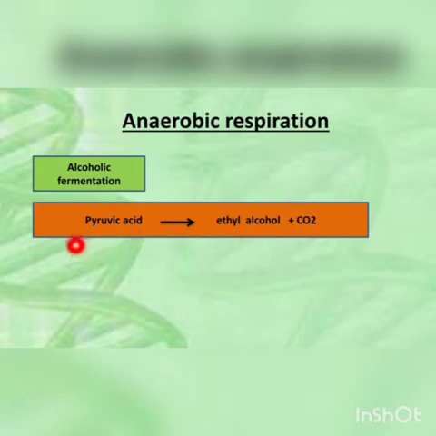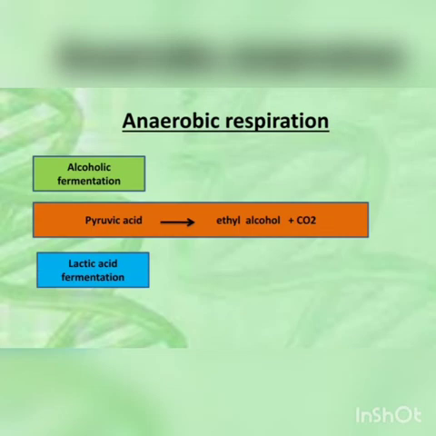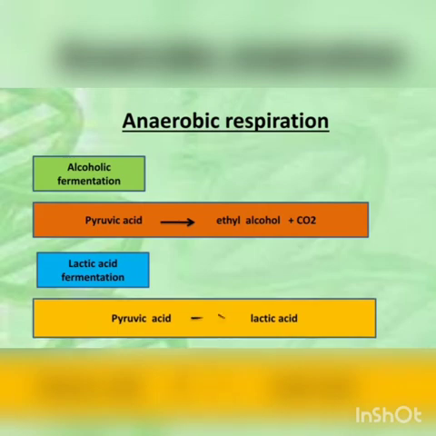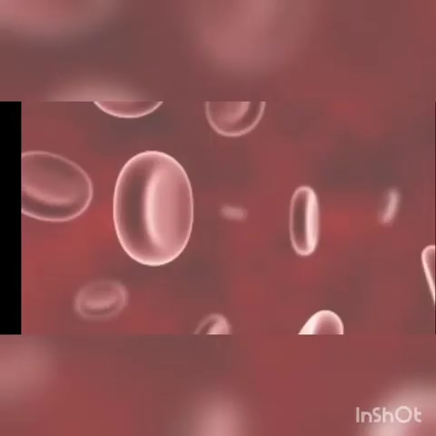So in alcoholic fermentation pyruvic acid is converted into ethyl alcohol and carbon dioxide. The next type is lactic acid fermentation. As the name shows, in this lactic acid is formed. So in this process pyruvic acid is converted into lactic acid. So these are the two types of anaerobic respiration.